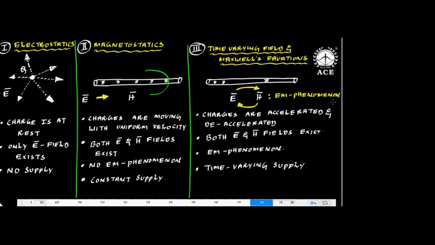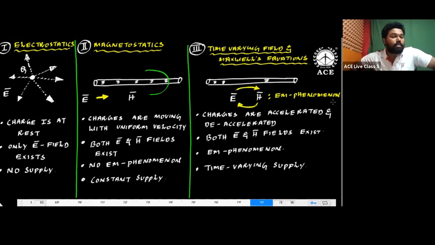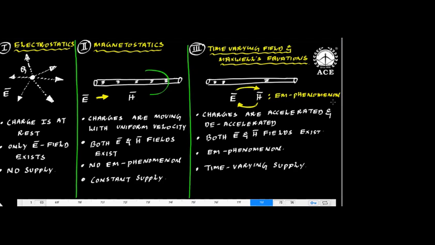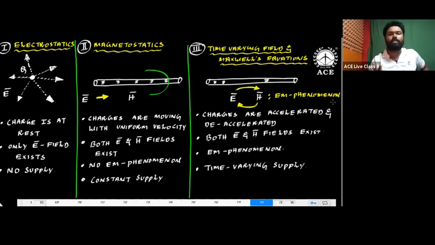Is the current flowing DC or AC, sir, in this? It just gives some idea, brother. You may have some difficulty in understanding. What I want to say is, if the charge is at rest, there is an electric field. If charge is moving, magnetic field. If charge is accelerated, both electric and magnetic fields. How this happens, we are going to study.